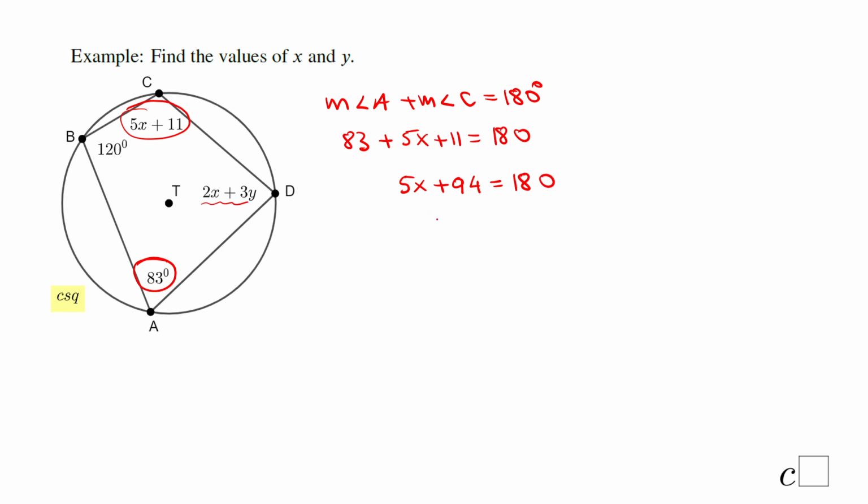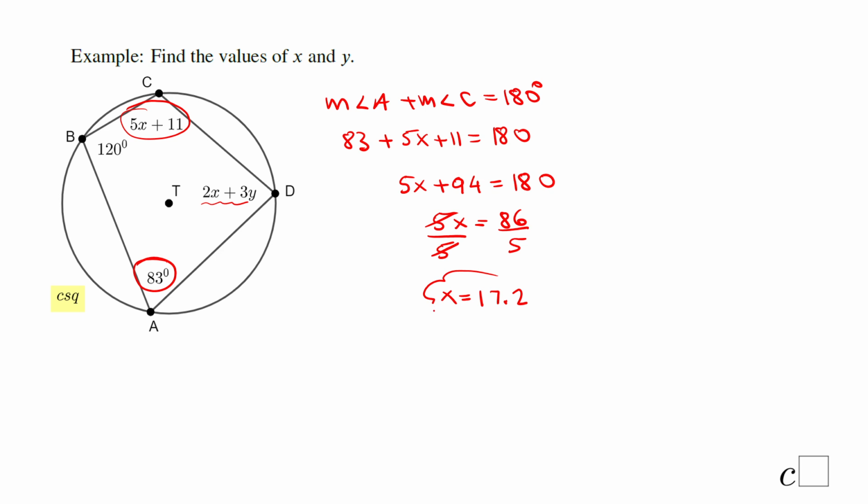And we're going to subtract 94 on each side. So we have 180 minus 94. That will be 86, and we end up with something that is not nice. Like in a previous problem, I apologize for that, but sometimes that's the case. Here it's not going to be that bad. It's going to be 17.2.